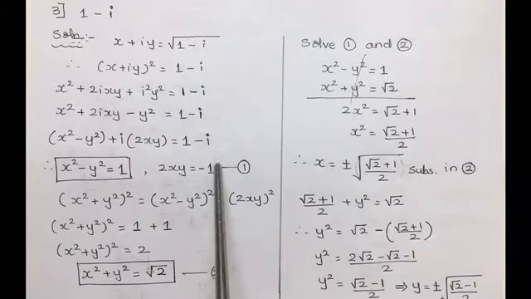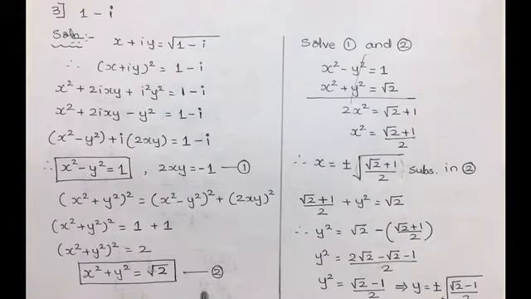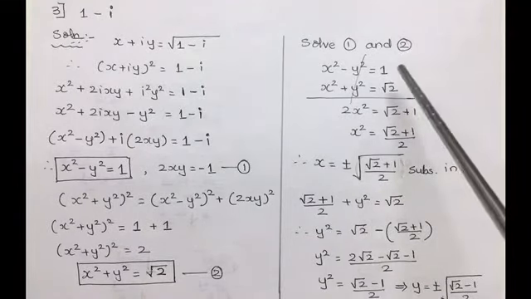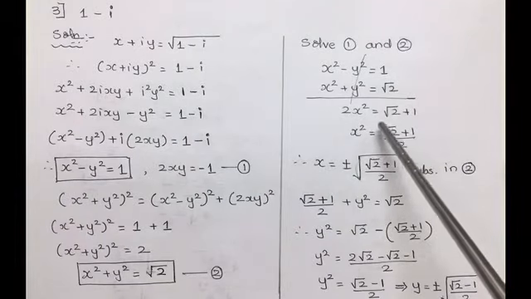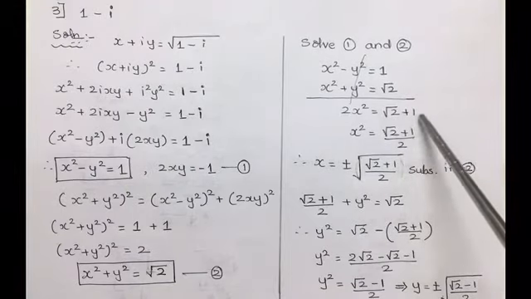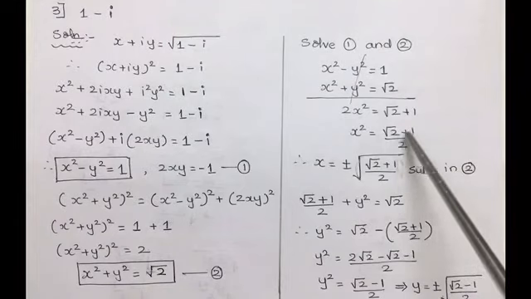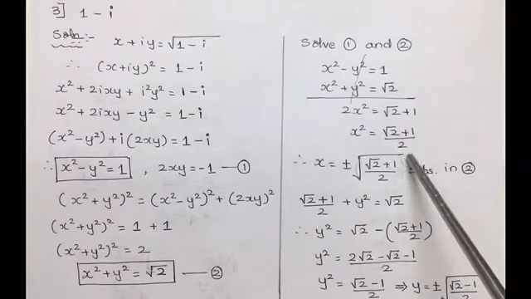So marking the first equation as 1 and the second equation of x square plus y square as 2, solving 1 and 2 with the help of elimination, we get 2x square is equal to root 2 plus 1. Shifting to the other side, it becomes root 2 plus 1 divided by 2.